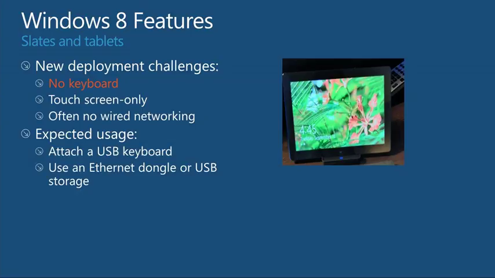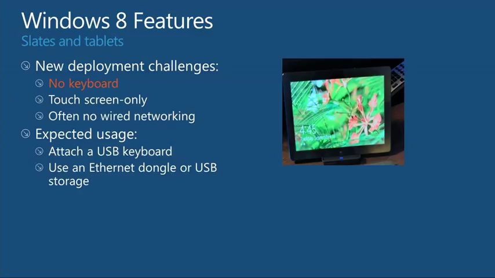So that's going to be a bit of a challenge. There is touchscreen support, so if you can get to the point where you never need to type in any text, you can make it work, but most of the time in most deployments you're going to need to type in something, so you're going to need that USB keyboard to do that. Some of these machines don't include any Ethernet support either. They only have wireless. And most of the time you can't deploy an operating system over wireless. Windows PE doesn't include wireless support.